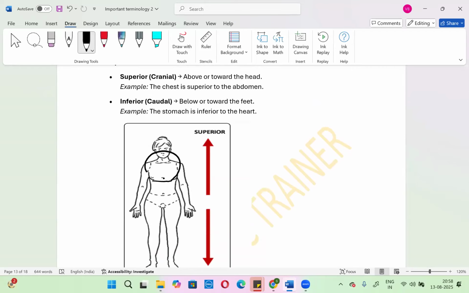This is the chest, superior to the abdomen. Now if you take the legs, they are inferior to the abdomen. So superior is above, inferior is below or towards the feet.